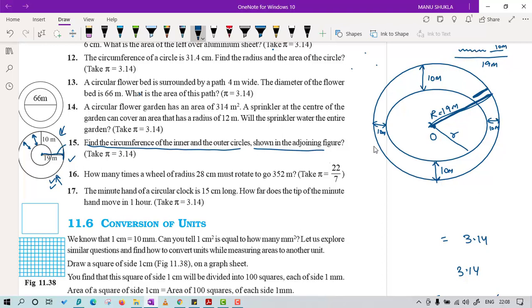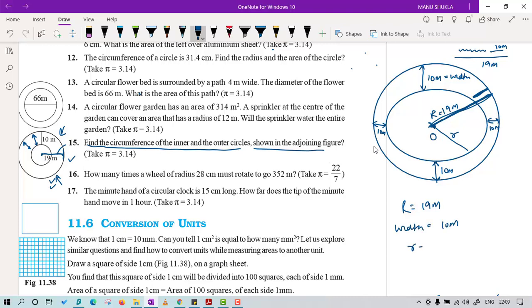So this was your understanding of the question. Now let's start solving it. First we are concerned about finding the inner radius. Given to us is capital R equal to 19 meters, and the width of the path was given to you as 10 meters.